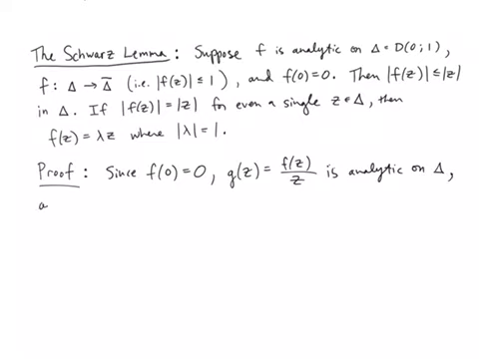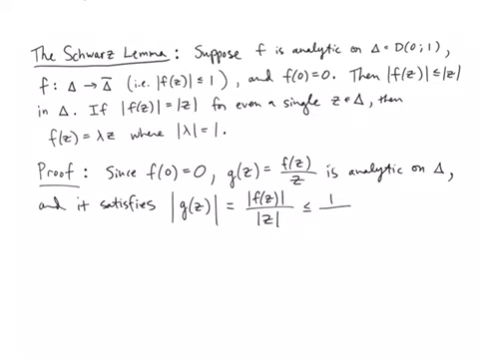And it satisfies that the norm of g, which is equal to the norm of f over the norm of z, right? Since the image of f is contained in the disk, the numerator is less than or equal to 1, and then we just leave the denominator alone there.